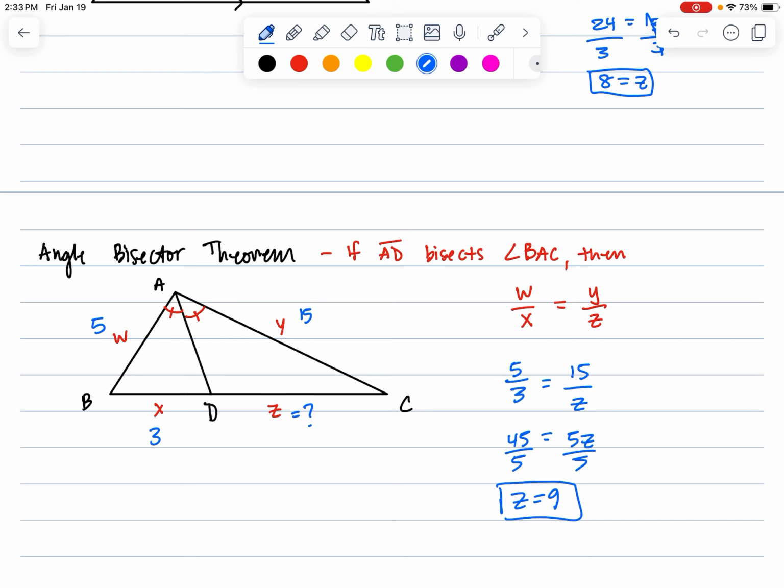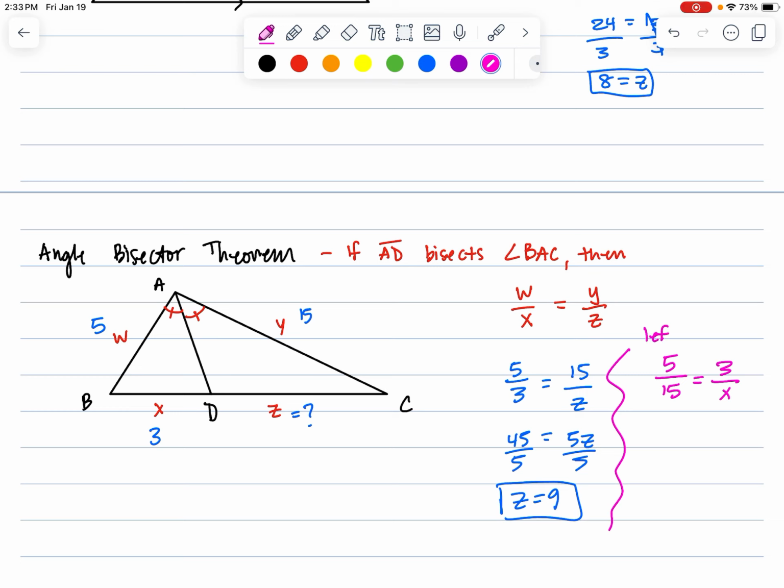So you could set this up a number of different ways, but this is the most basic form of it. Work with the components on the left triangle versus the components on the right. If you really wanted to do left to right, you could always do 5 over 15. So then I'll do this in pink. An alternate, as we've done in the past, we could always do 5 over 15 because they correspond with each other, is equal to 3 over X from left to right.